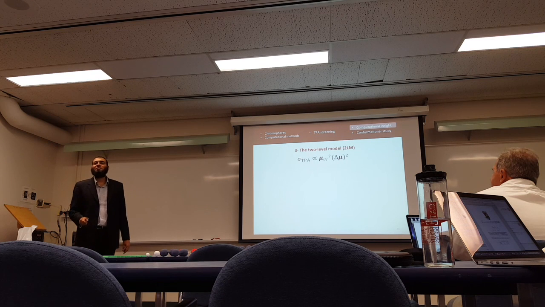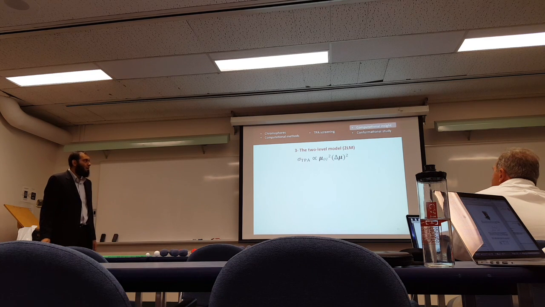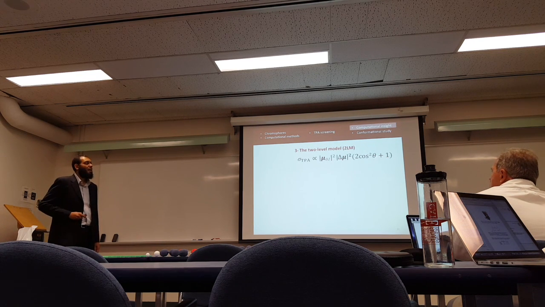Now we have them in their vector form. In the previous project, I used only the x-axis. But now if I want to use the magnitude of the transition dipole moment and the magnitude of the difference between permanent dipole moments, I have to include the angle between those vectors.